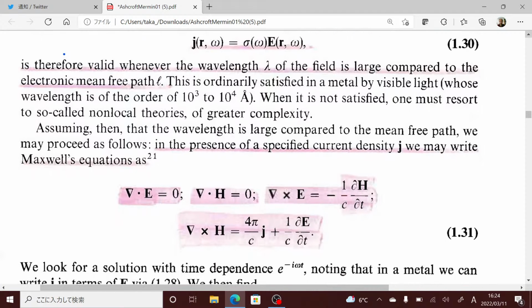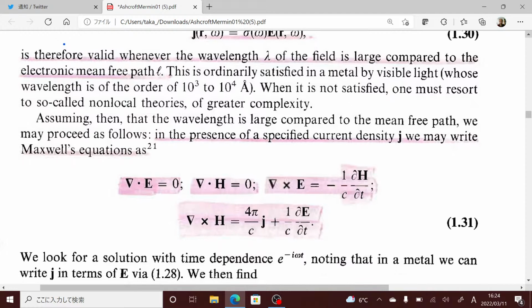Assuming then that the wavelength is large compared to the mean-free path, we may proceed as follows.